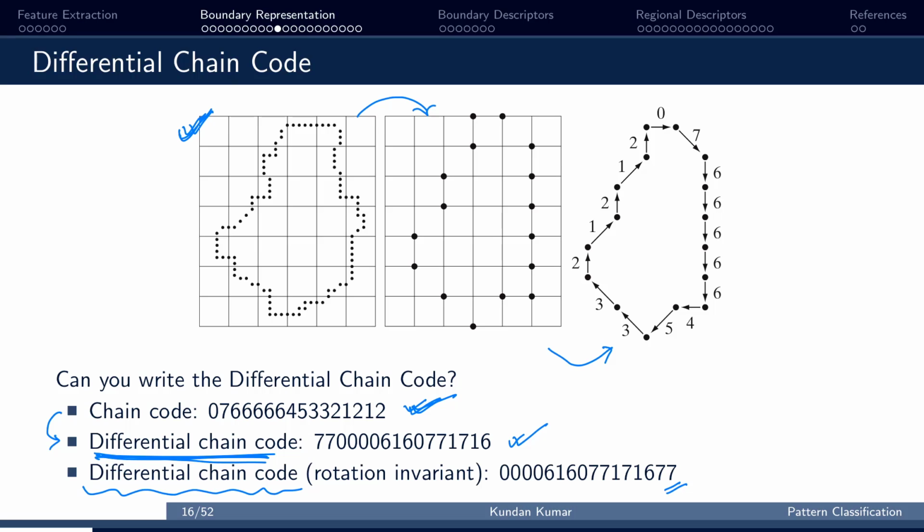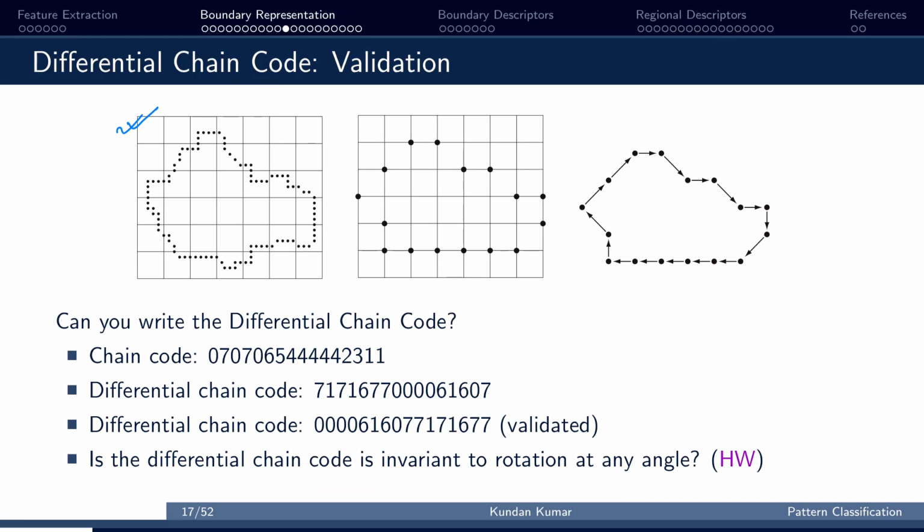So now what we will do, we will rotate this shape at an angle of 90 degrees in the clockwise direction. Then we will obtain this type of boundary image, and the same thing we will perform with the same grid. Then we will obtain these grid points, and then we will write the sequence of the numbers associated with the line segments.